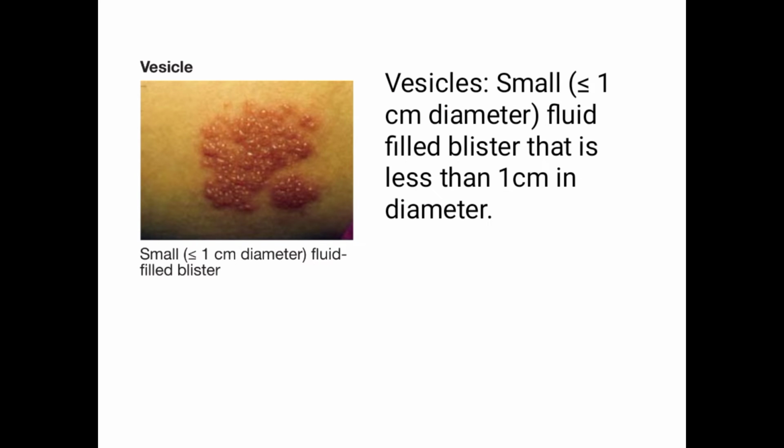Vesicles are small eruptions, but in a papule it is solid, while in a vesicle it is water. It contains water. So that's the difference, and it is less than 1 cm. So the difference between a papule and a vesicle is that a vesicle contains little water, like in herpes, while a papule contains solid structures. Okay.